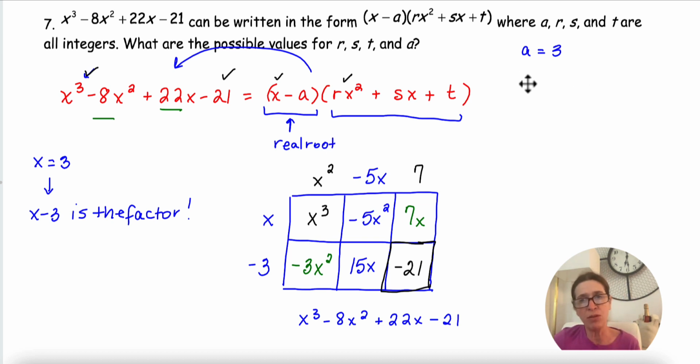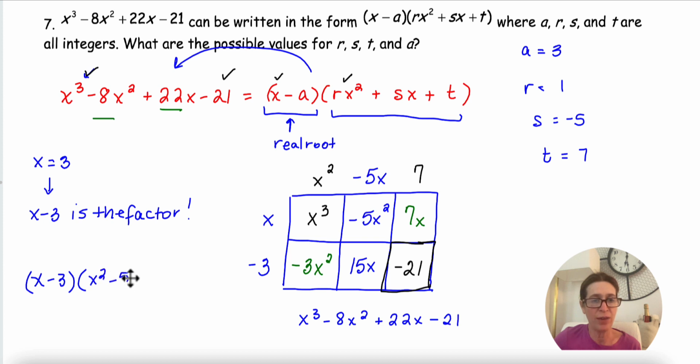Okay, so a possible value would be that a is 3, r is 1, s is negative 5, and t, it looks like it would be 7. So now we know that x minus 3 times x squared minus 5x plus 7 will indeed equal x cubed minus 8x squared plus 22x minus 21.